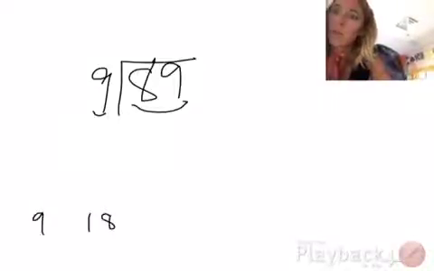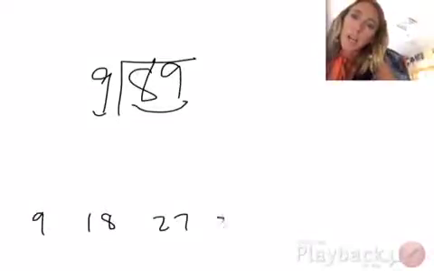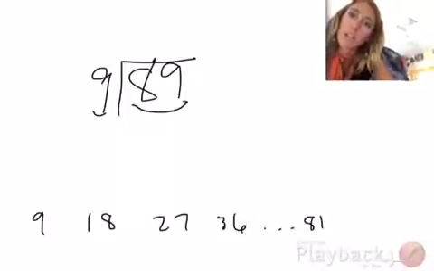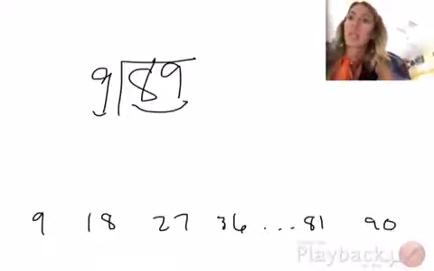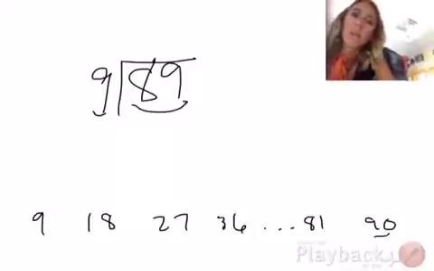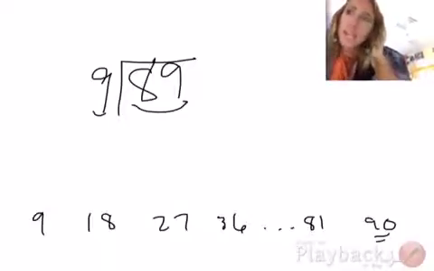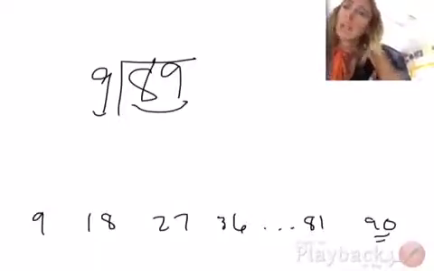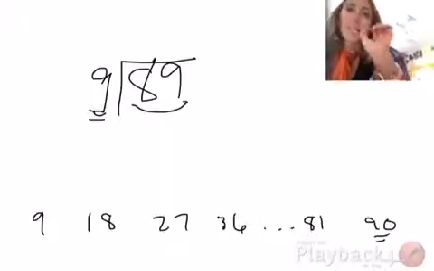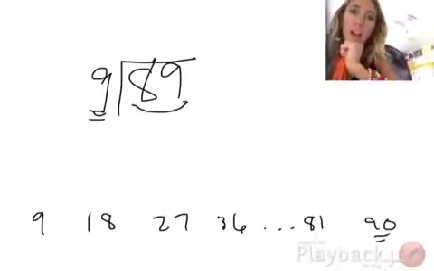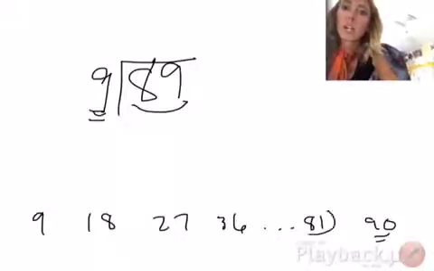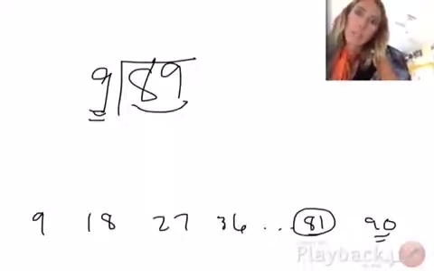In your 9 row, you saw the 81 and you saw 90. Now we picked 90 for the estimate because 89 is super close to 90. But now, if we're actually saying exactly how many groups of 9 are in 89, we're going to have to resort back to 81.